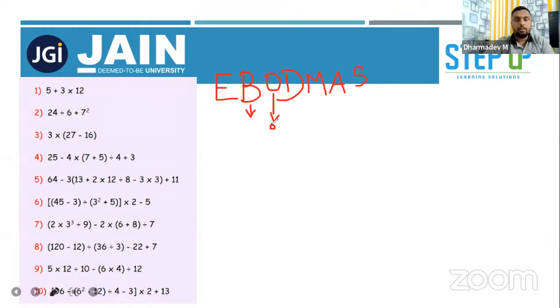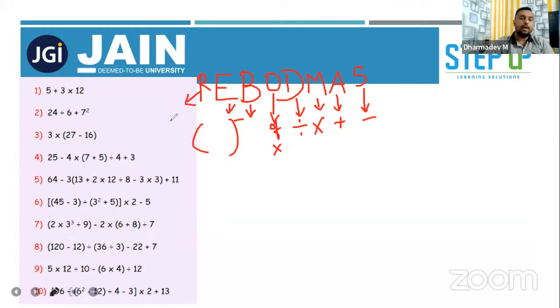The word of is not there anywhere. If it is given, of means multiplication. Then it is division, then multiplication, then addition, and then subtraction. And exponents means the power value. Or sometimes you might even have radicals, that means root values. You can solve that first.